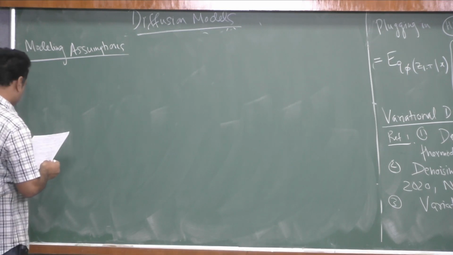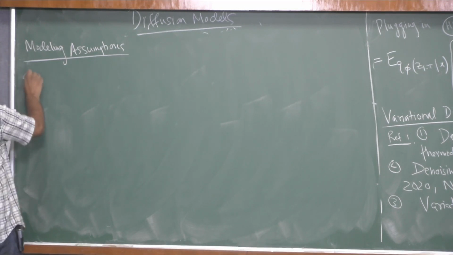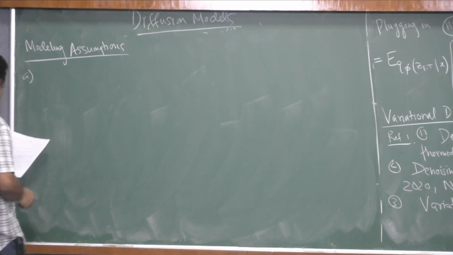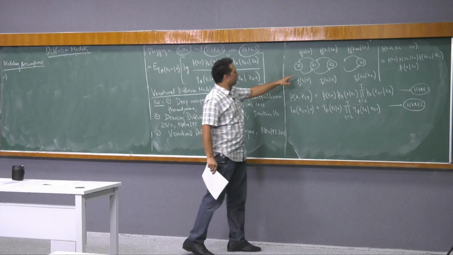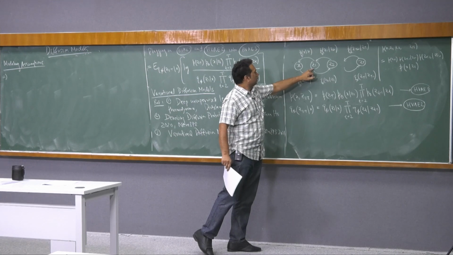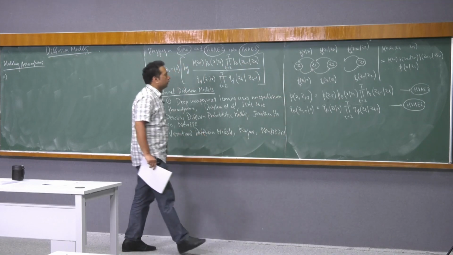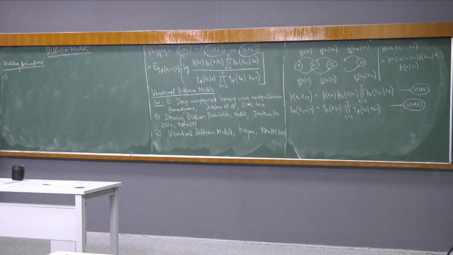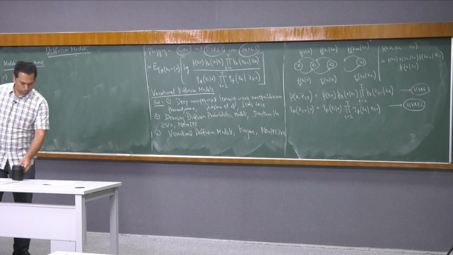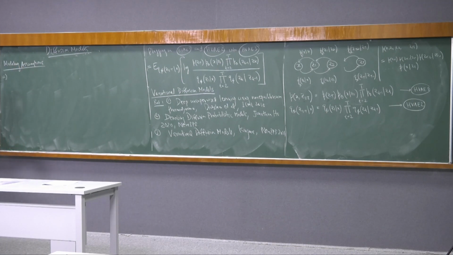So in modeling assumptions, let us say A is, in the diffusion models, one of the modeling assumptions is, let us keep the z, the latent variables, the same size as the x. Okay, so that's an interesting assumption, because in VAE we were trying to give some advantages of having small latent variable sizes, because it can completely represent features and so on.